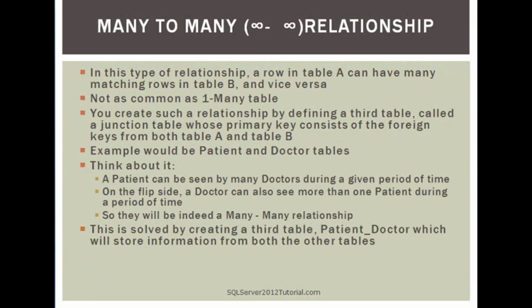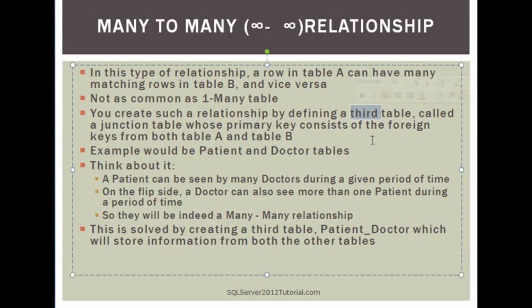The third relationship we have is a many-to-many. In this type of relationship, a row in table A can have many matching rows in table B, and vice versa. Not as common as a one-to-many relationship, but it definitely does exist. In order to create such a relationship, you need a third table, which is sometimes also known as a junction table.